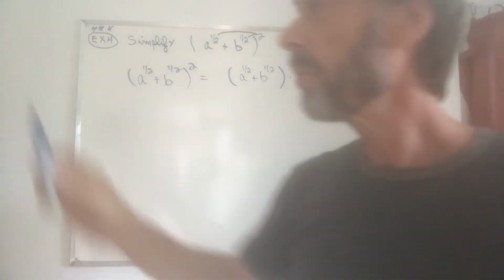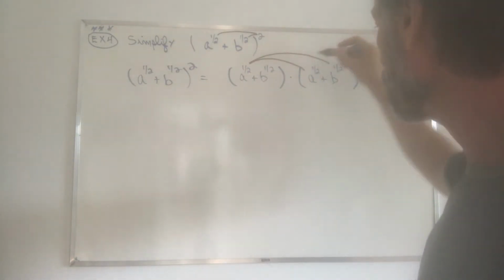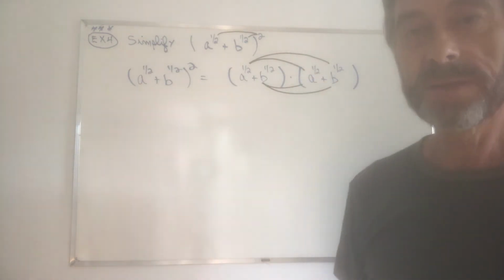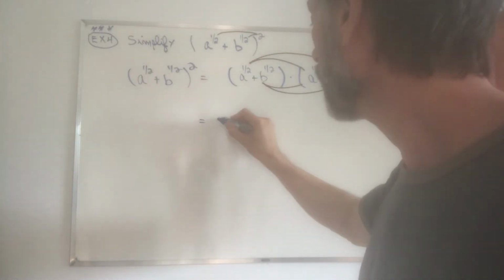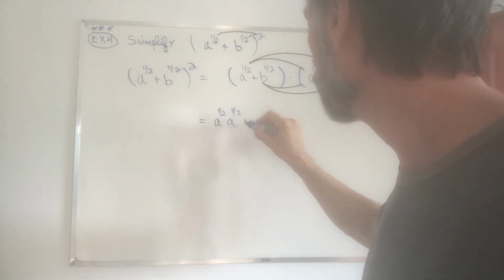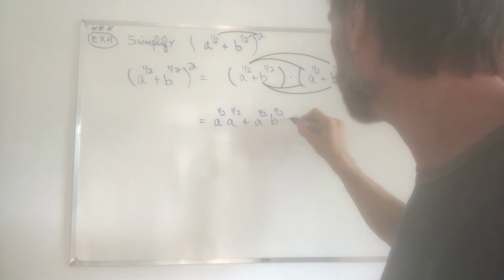And there again, we find ourselves in a FOIL situation as we're about to do this times that, this times this, and this times that. Yes? Good. So this is a to the 1/2 times a to the 1/2 plus a to the 1/2 times b to the 1/2.